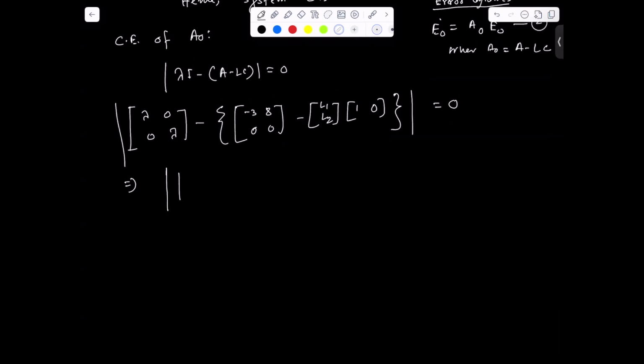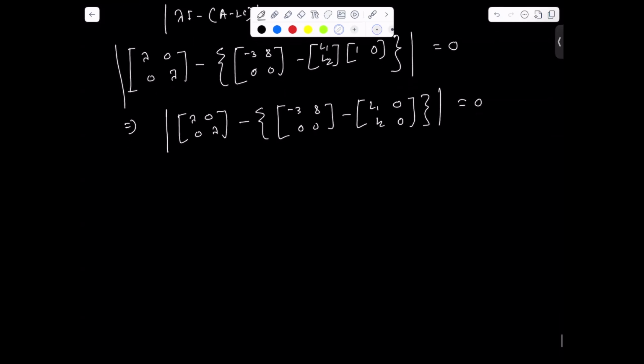So we can further simplify. We are getting [lambda 0; 0 lambda] minus [-3 8; 0 0] and minus [L1 0; L2 0] equal to 0. From this, we can further write [lambda minus 3 minus L1, 8 minus L2; 0 0] equal to 0.